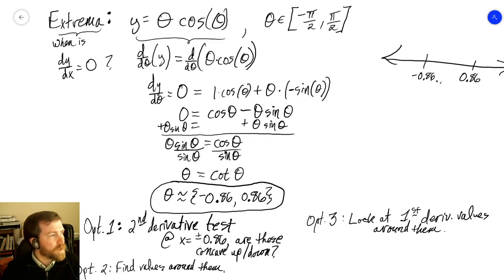If we did the actual derivative function, which is the cosine of x minus x sine of x, so y prime was cosine theta minus theta sine theta.